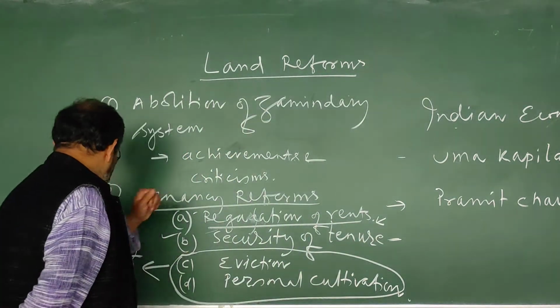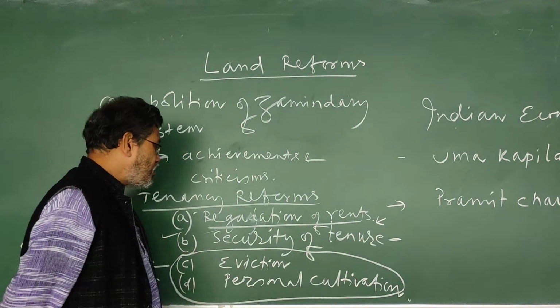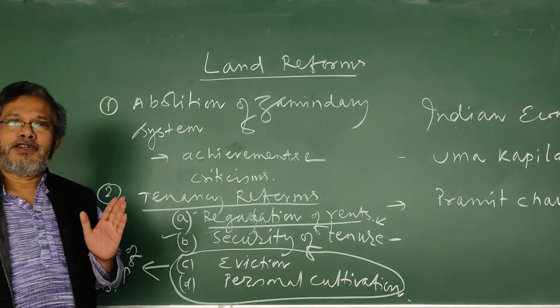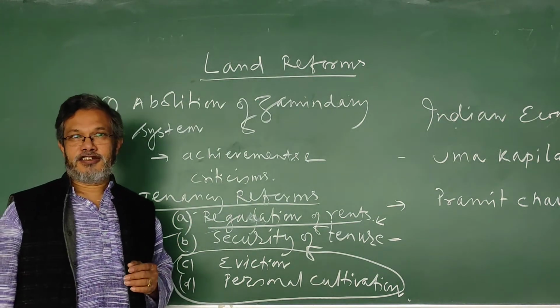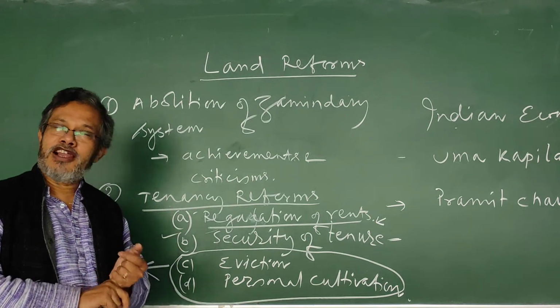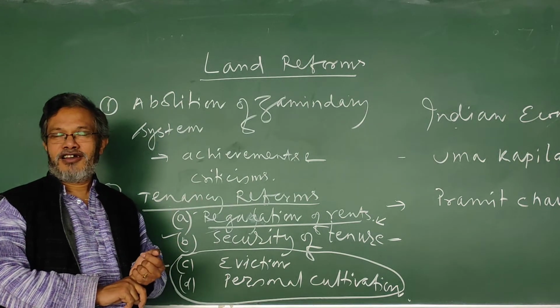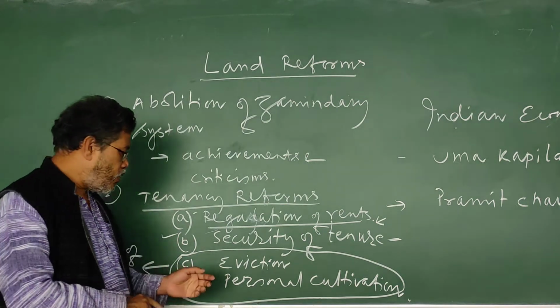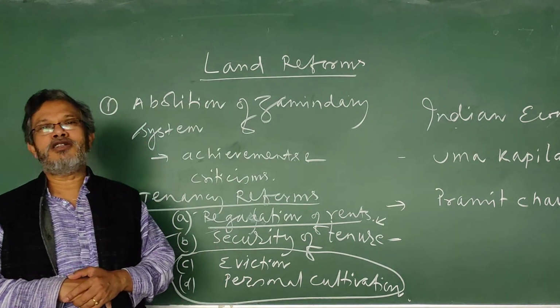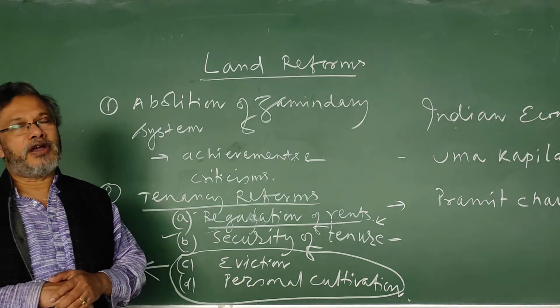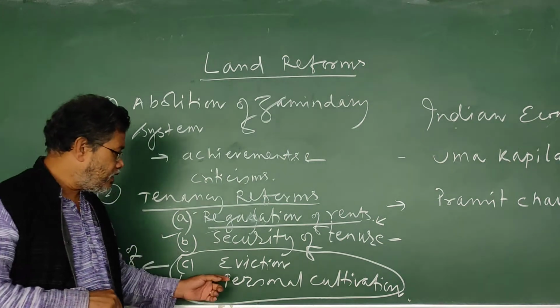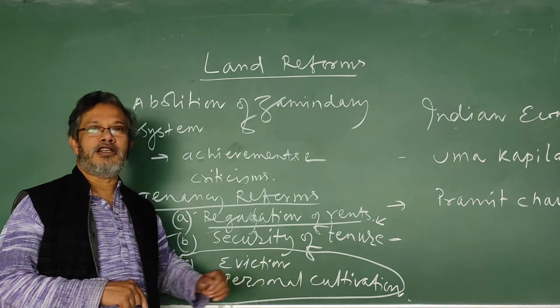That's why there is a provision that a landlord can evict a tenant if the tenant fails to pay the agreed rent, or if the landlord wants to cultivate the land with his own labor or family labor. That is called personal cultivation or self-cultivation on that ground.